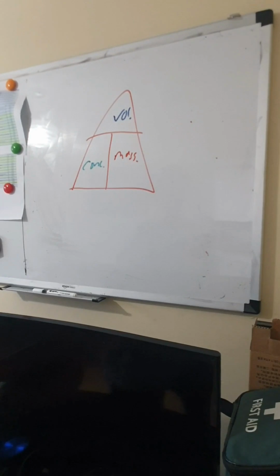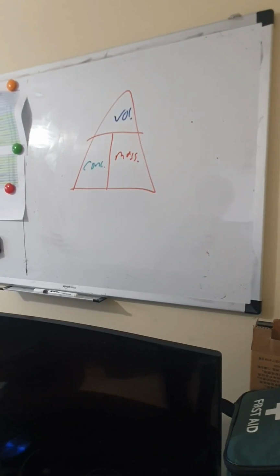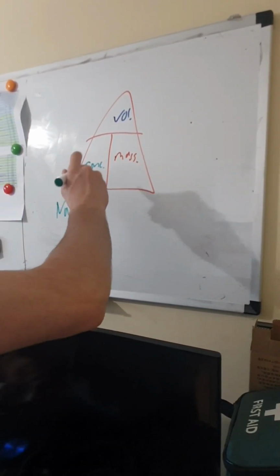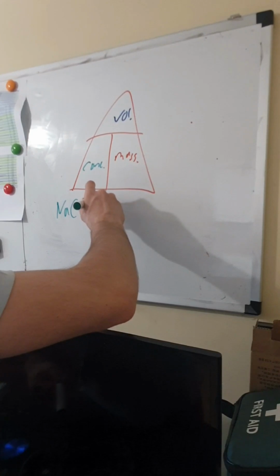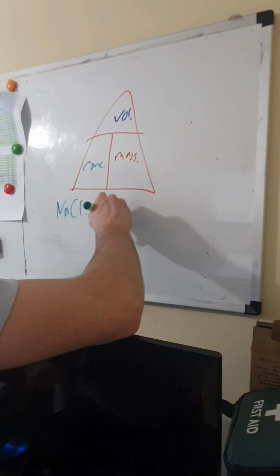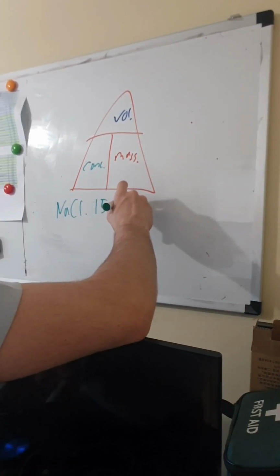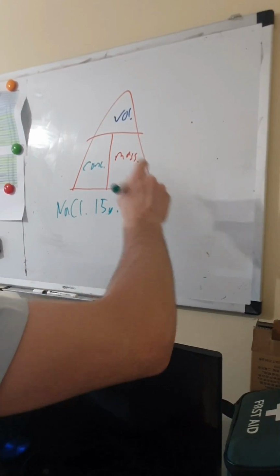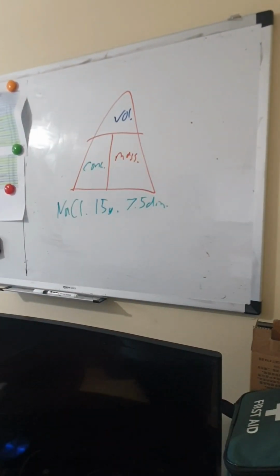So, if the question says we have, let's say, sodium chloride. We have 15 grams and we have 7.5 decimeter cubed. Find the concentration. Okay?